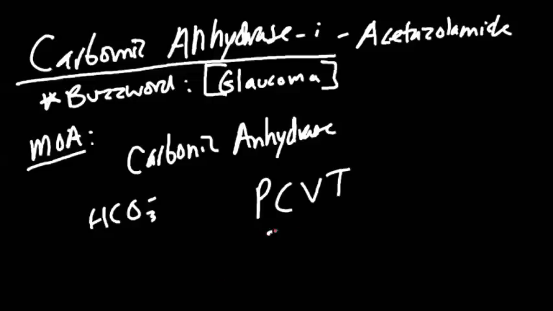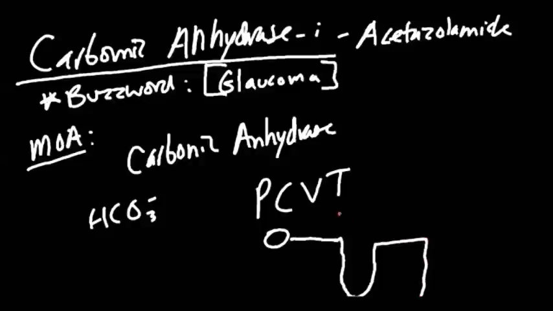If you've been watching my other videos, here's my glomerulus, PCT, descending, ascending, distal convoluted, and then collecting duct. So we're going to be dealing with the proximal convoluted tubule.